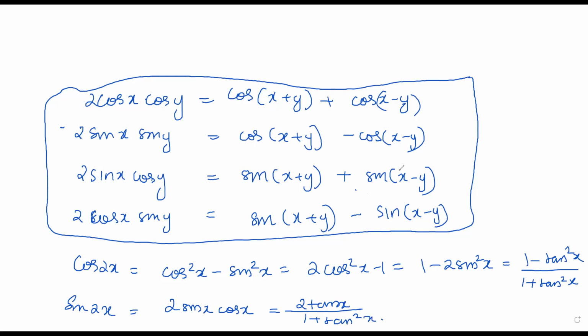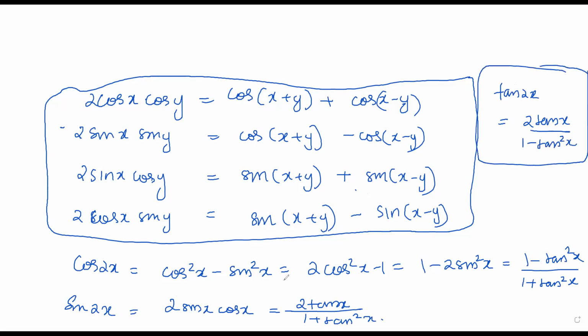Then learn tan 2x also: tan 2x is equal to 2 tan x by 1 minus tan square x. That is obtained by dividing sin x by cos x. Very useful formulas. Surely you have to learn these by heart. You will get at least 2 questions from this set of formulas in your ND exam.